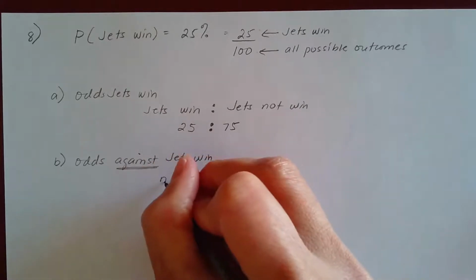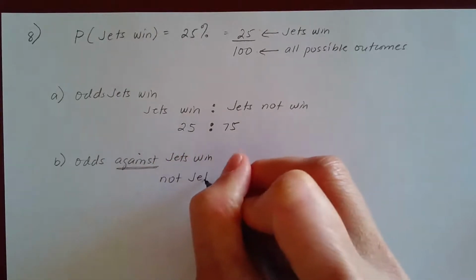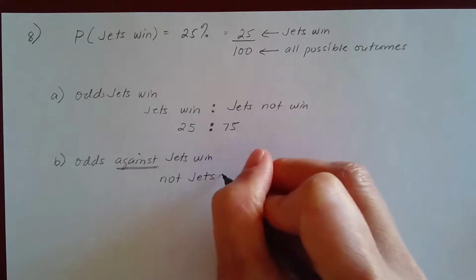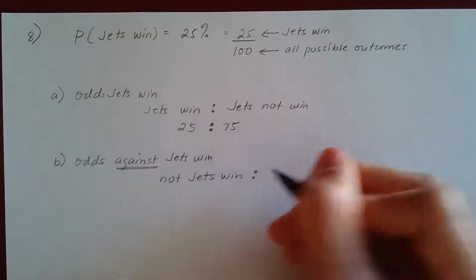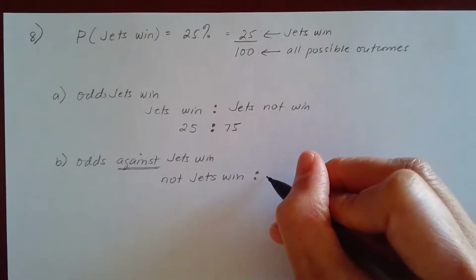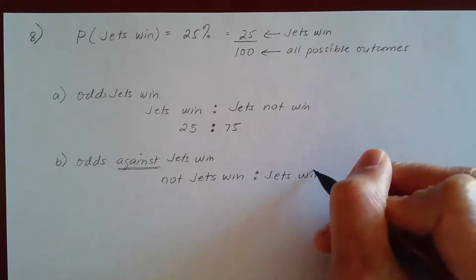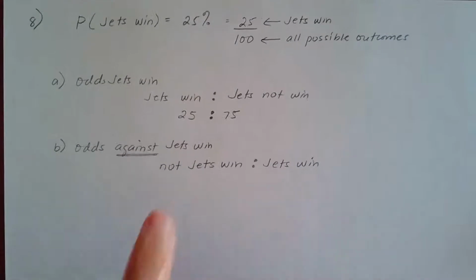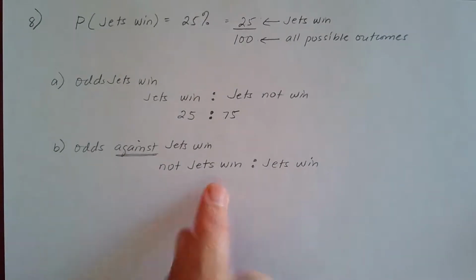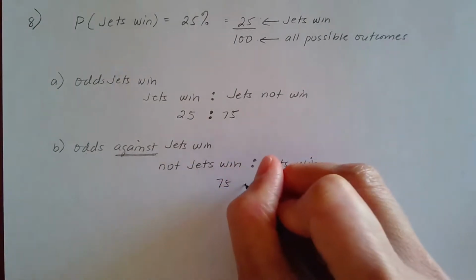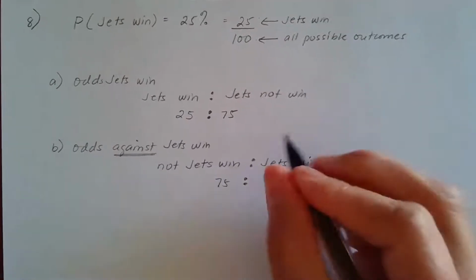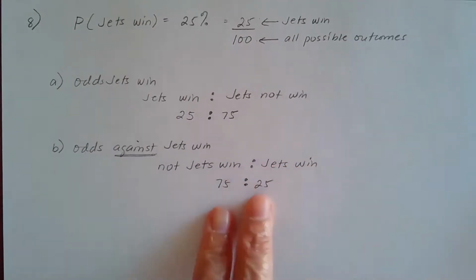So that means not win, compared as a ratio to Jets winning. So not Jets winning, that's going to be 75, and Jets winning would be 25. So it's reversed.